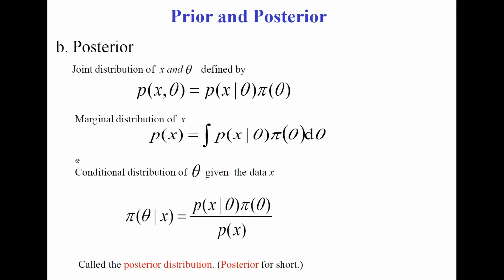And automatically, we obtain the conditional distribution of theta given the data x. Again, we use the symbol pi for this conditional distribution. Pi of theta given x is calculated by this formula. This is actually the Bayes theorem. And we call this conditional distribution of theta given x posterior distribution or posterior density, or shortly posterior.